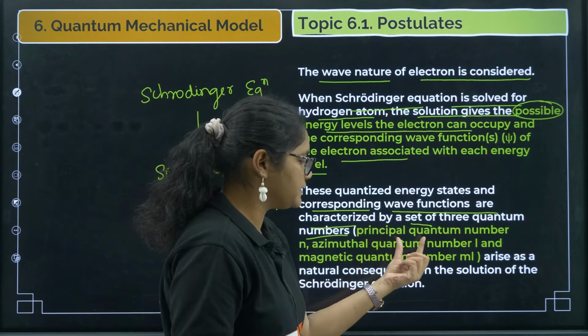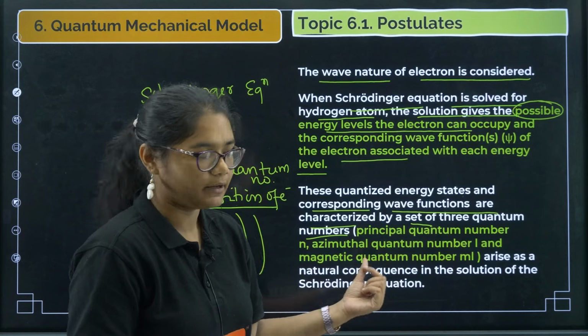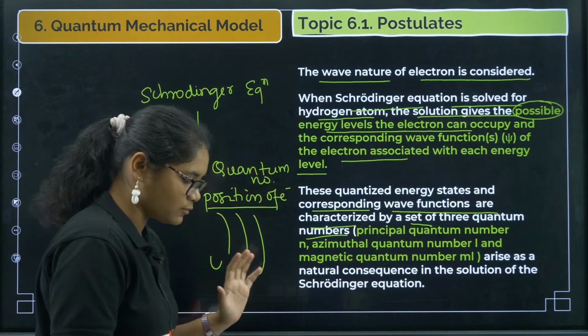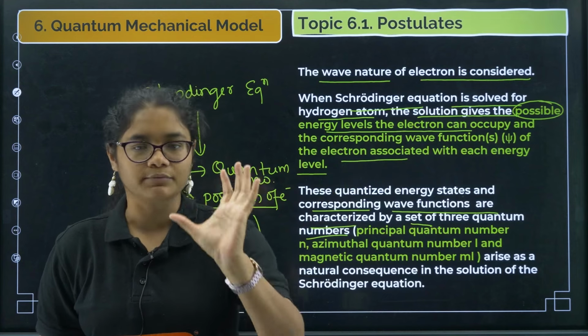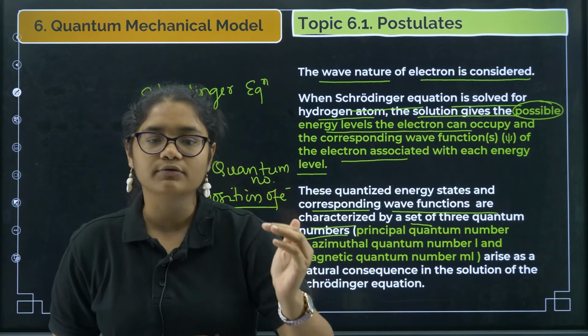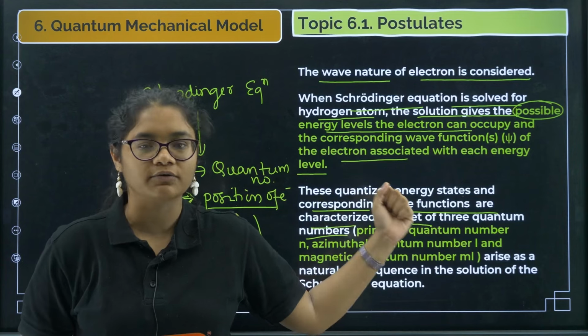These quantum numbers are the principal quantum number, azimuthal quantum number, and magnetic quantum number. Now we'll see this. In summary, Schrödinger was a scientist. He gave an equation, the Schrödinger equation, and when you solve this equation, the solution will give you the position of the electron.